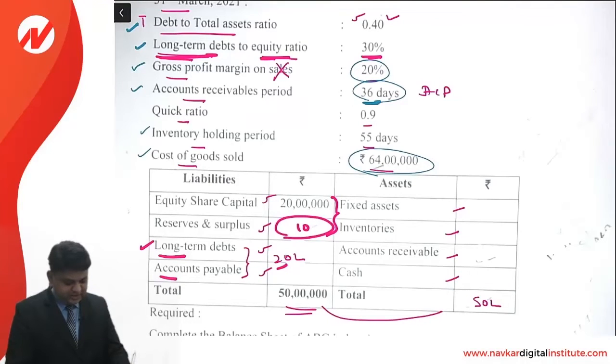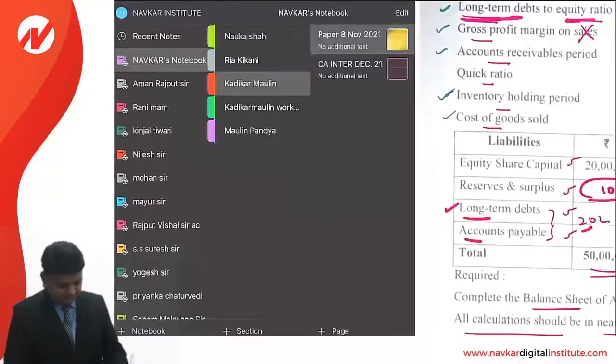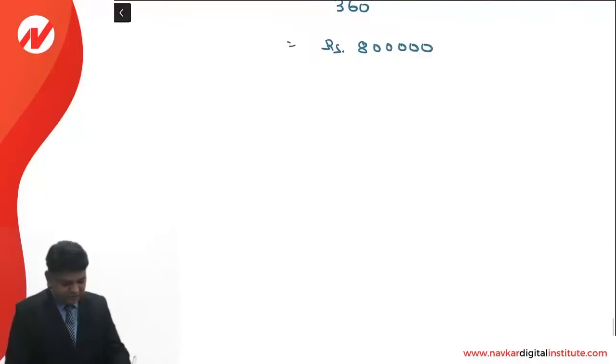The next information is provided to us as quick ratio. And we can see that the inventory holding period is also provided to us. So using the COGS and inventory holding period, we can compute the stock. Okay. So next is the calculation of stock.